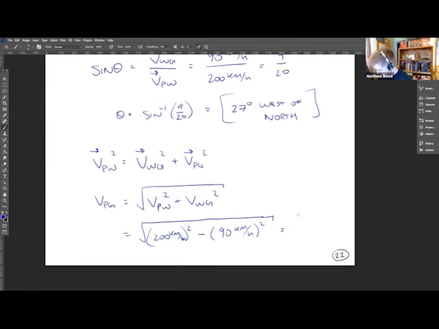It's going to equal 180 kilometers per hour.